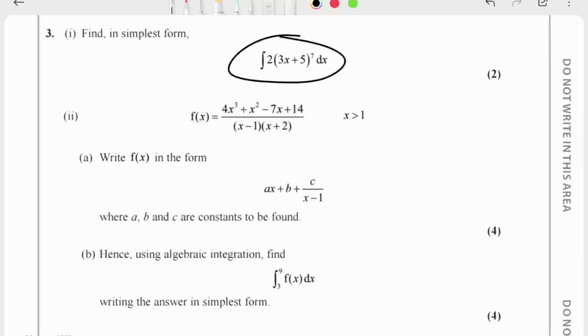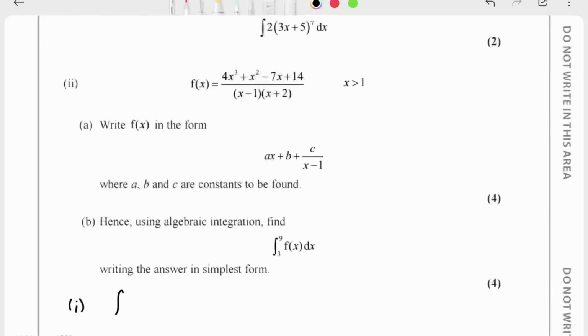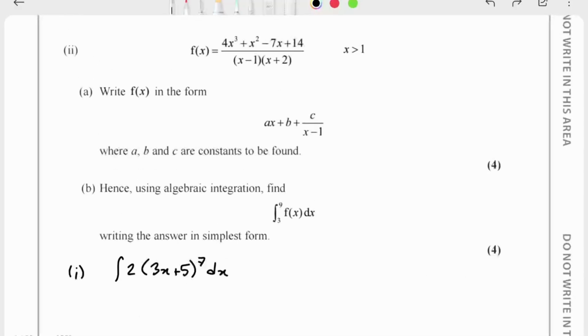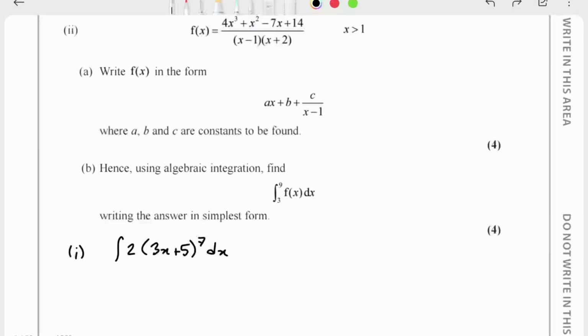So we just need to integrate this. This is a very simple integral. We just have to add 1 to the power and then divide by the new power. So the format looks something like this.